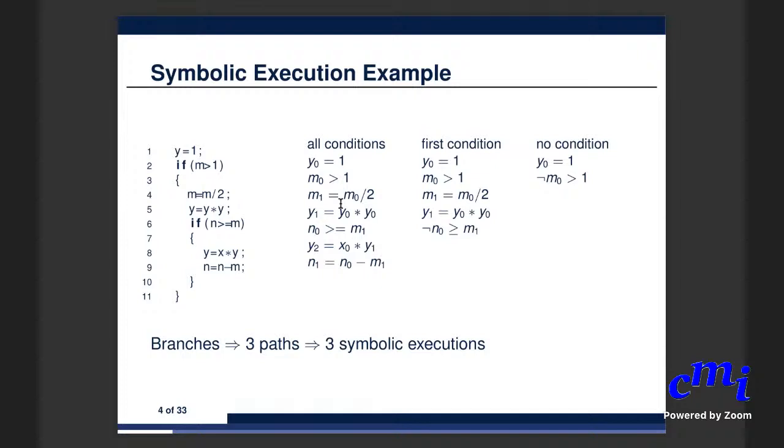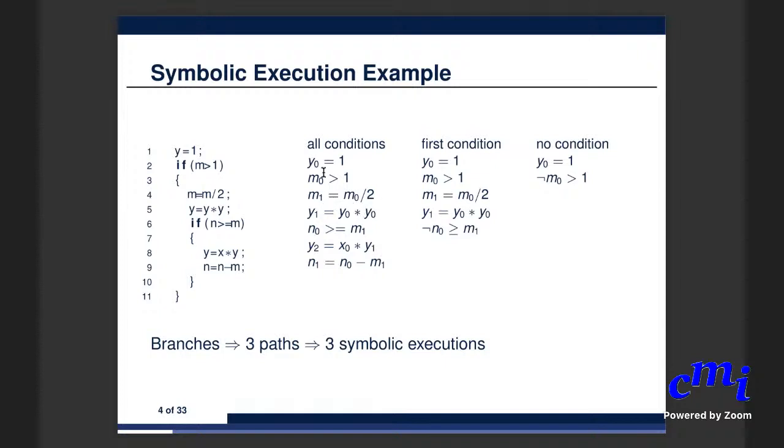I keep emphasizing, instead of values, I am calculating an expression that denotes the set of all values that can result after line 4, for example, and I'm keeping tab of that. That is the distinction here.